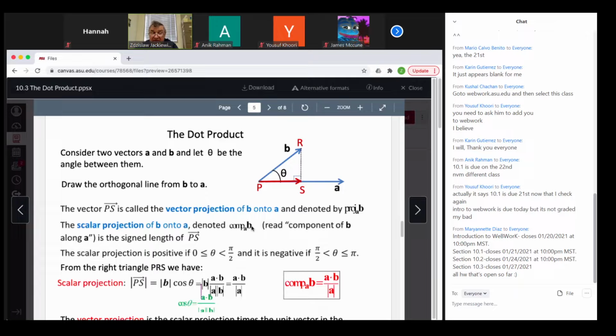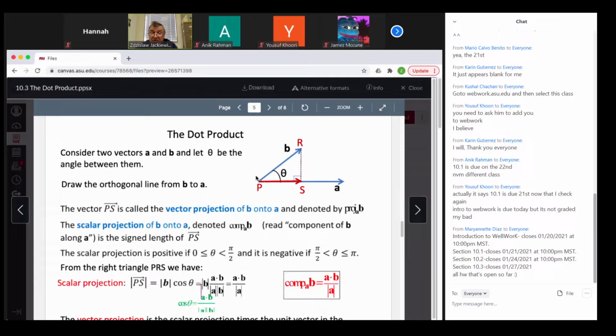Is the, well, length, not really length, signed length. So for example, in this case, this component is positive. If you would have the angle going this way, this component could be negative. The PS points in the same direction as A, so this component is positive in this case. So again, the scalar projection is positive if the angle is like on this picture, between 0 and pi over 2.